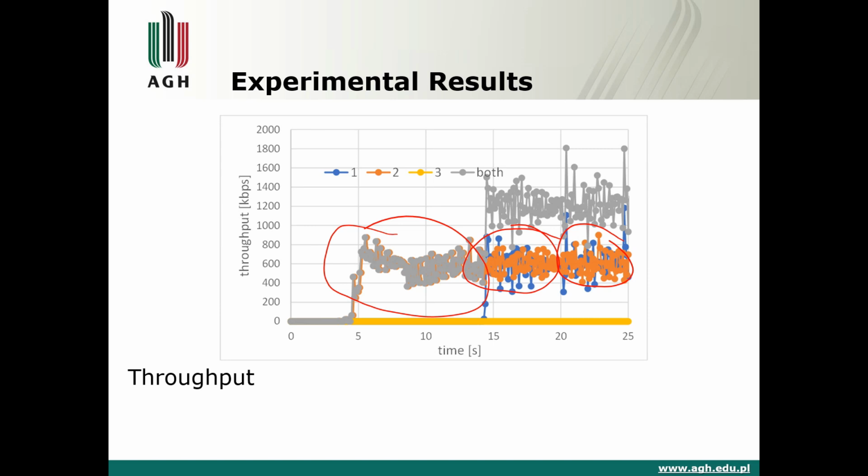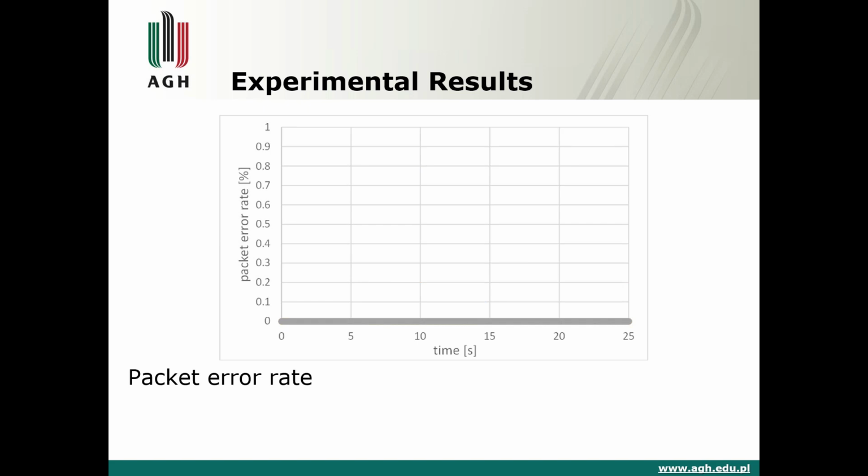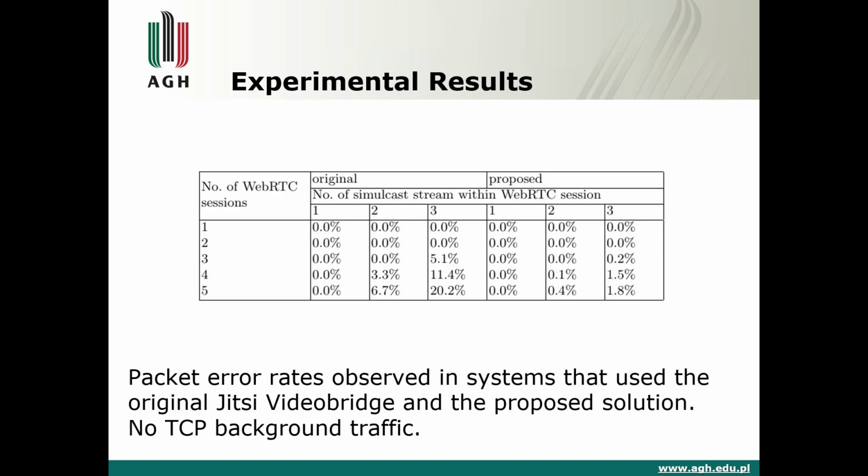When we transmit multiple streams, with one simulcast stream, one layer, in several sessions, there are no errors because these links can transmit this with no errors.